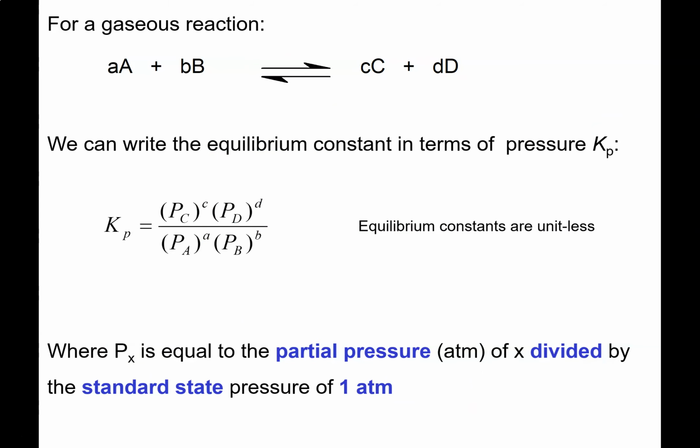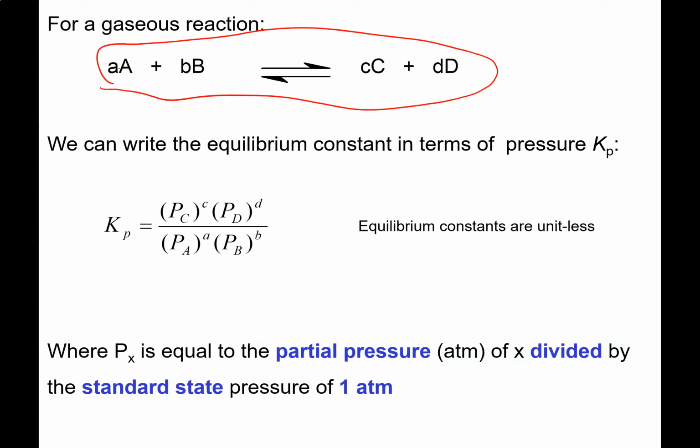Some reactions are occurring in the gas phase rather than in solution. So imagine we have a generic gas phase reaction, just like we had before. It's also possible to write the equilibrium constant in terms of the pressure, and we call this Kp, and we give it the symbol uppercase K subscript p.